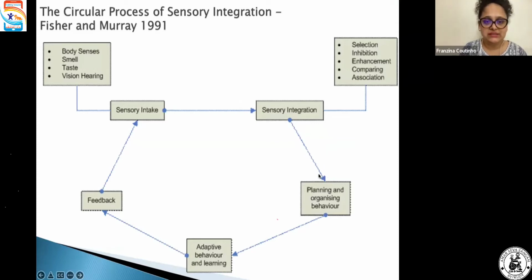So, what this means is if I'm sitting in a classroom and the teacher is writing something on the board, I'm looking at the board, I have to select my posture. Like I have to actively remember that I have to copy from the board. So my body needs to be upright. I need to stop listening to what my friend is saying. I need to focus on the words written on the board.